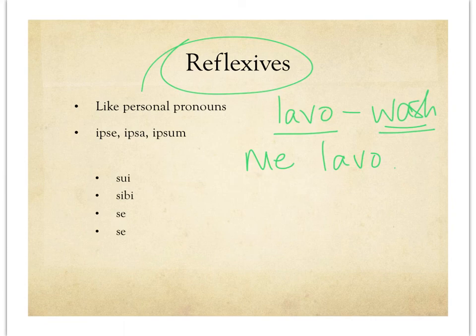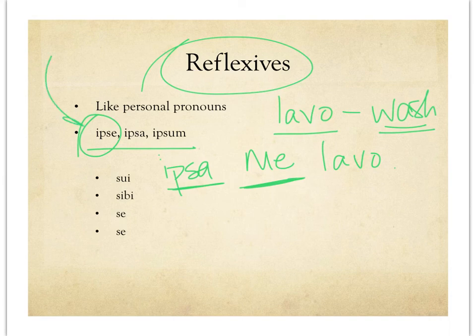But you can use something like ipse, ipsa, ipsum to intensify a subject. So if you really wanted to say, I myself wash myself, then I, since I am a woman, would say ipsa me lavo. I myself wash myself. But these forms can be used in other cases as well, depending on what it is you want to emphasize.